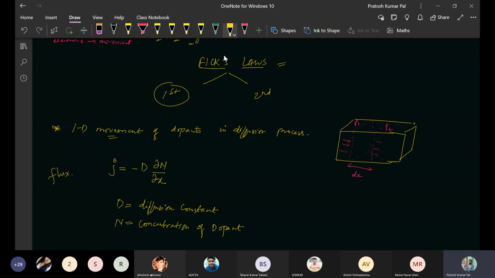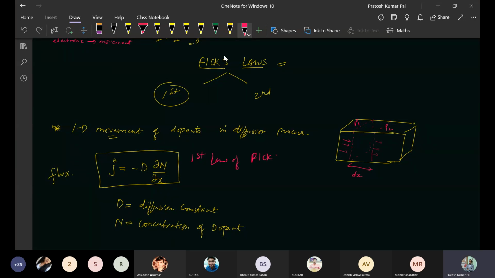So from plane 1 to plane 2 there is a distance, and this basically explains the flux. So this flux is given by J equals minus D del n by del x. This is called the first law of Fick. So this is Fick's first law.